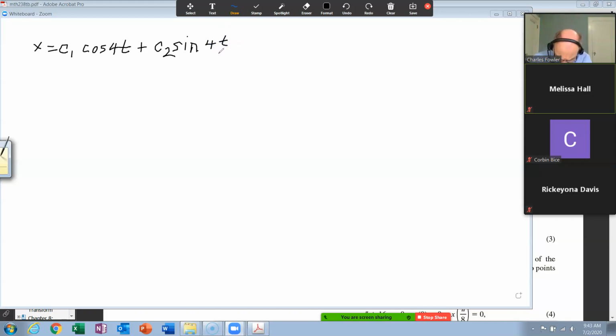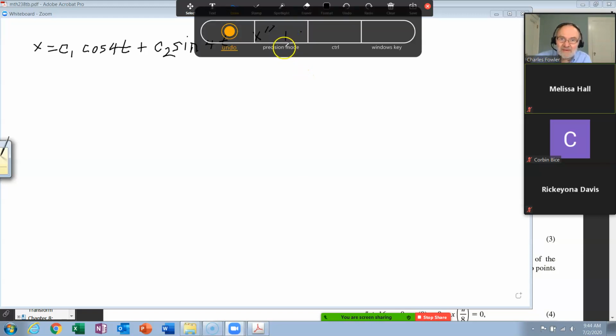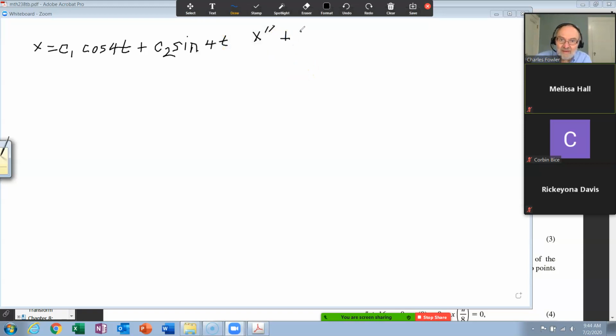Okay, that is your solution. I've got them backwards from what they do in the book, of this differential equation, x double prime plus 16x is equal to 0.